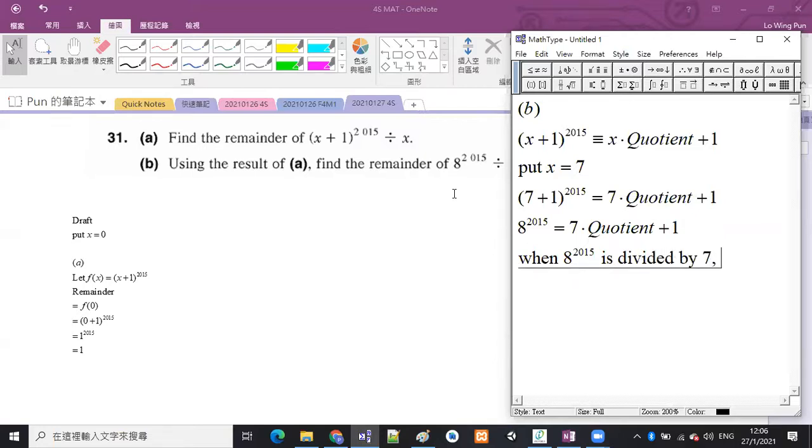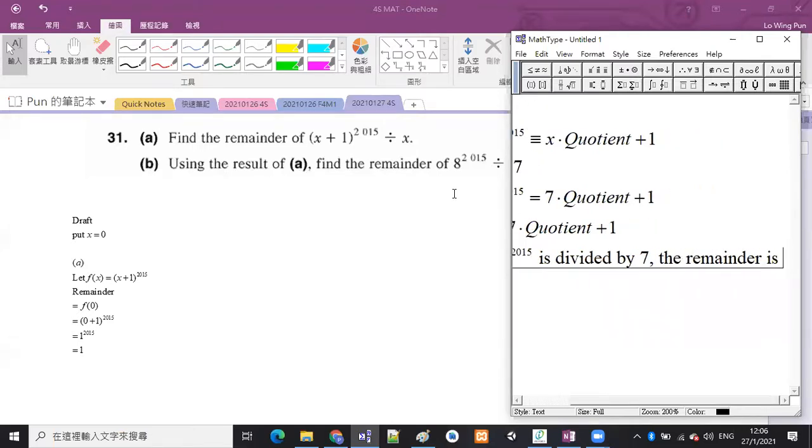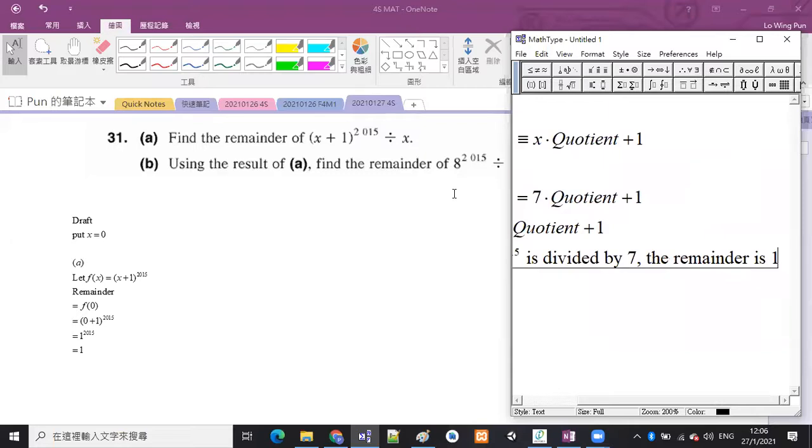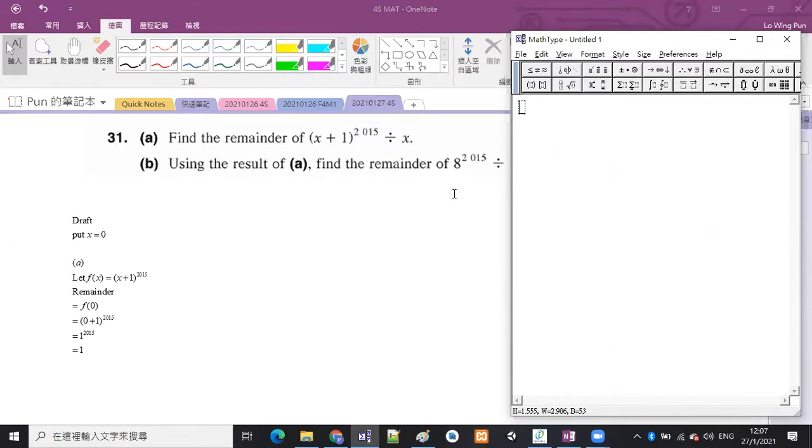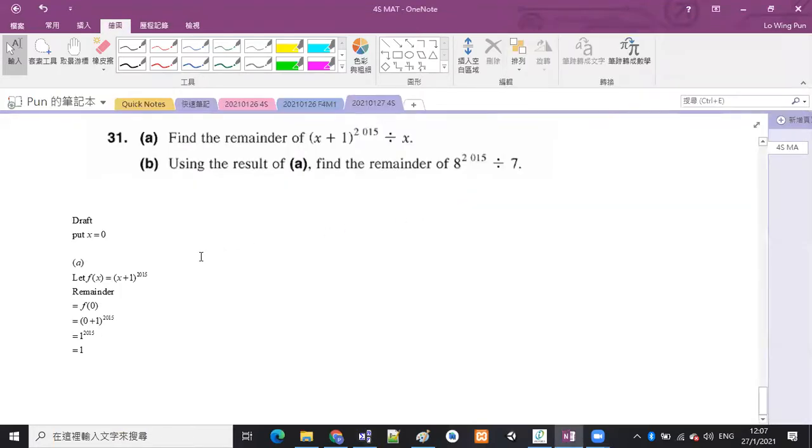The quotient is I don't care, but the remainder is 1. Can you get this?